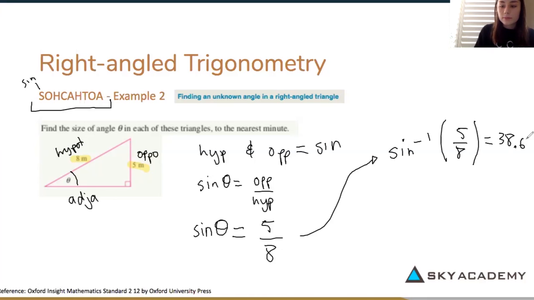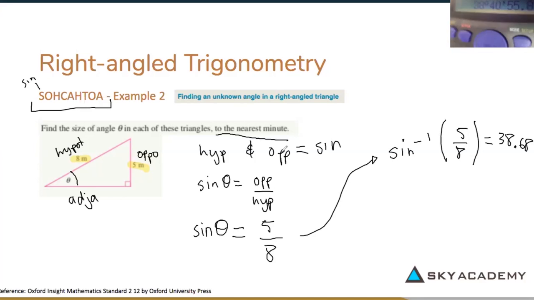But we know in our question, we have been asked to find it to the nearest minute. So to find our answer to the nearest minute, you have to press what I call the bubble button. It's the button under the fraction, and it has 4 little bubble things on it. So it's that one there. And I'm going to press that bubble button, and it's going to transform my answer into degrees, minutes, and seconds.